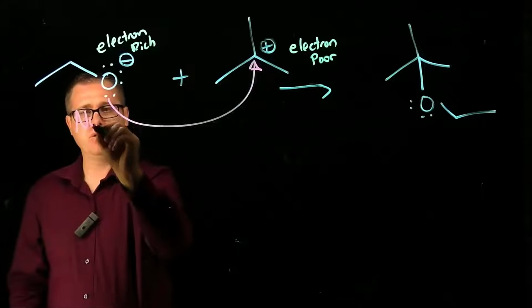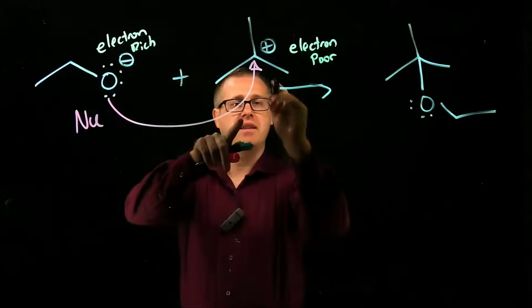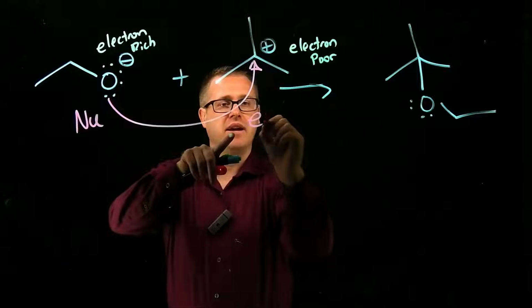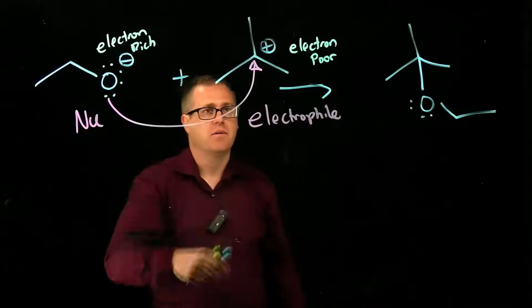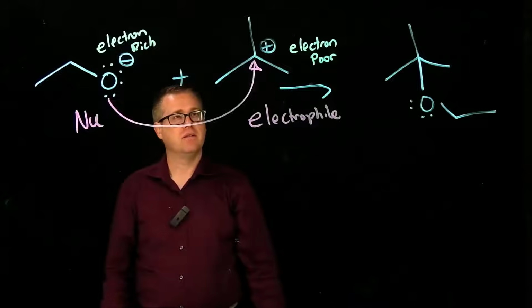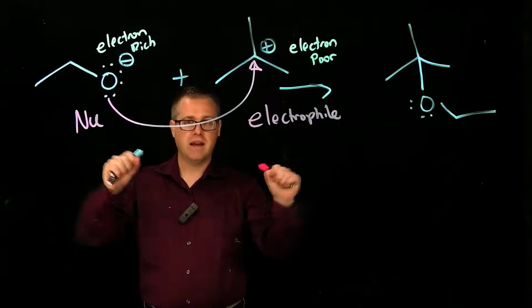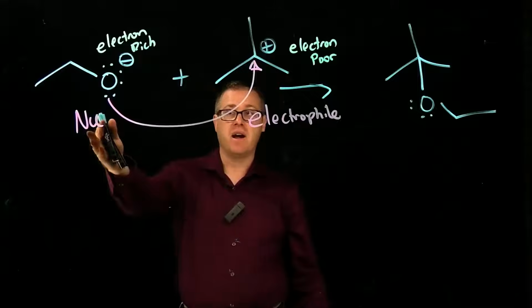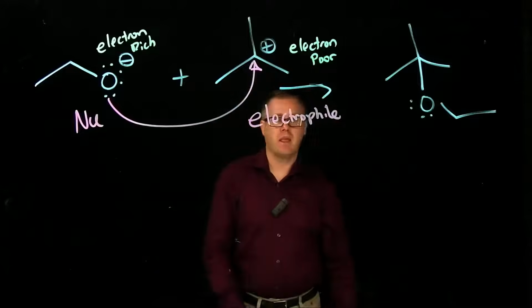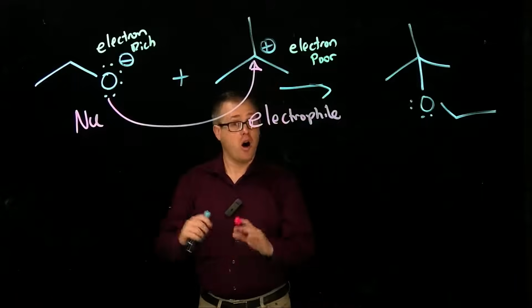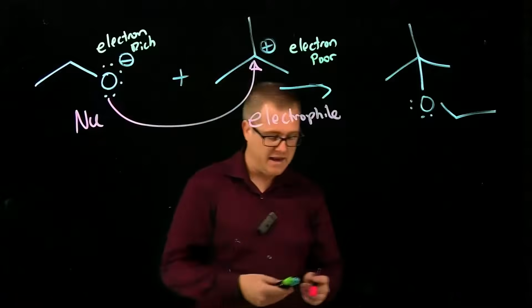This would be a nucleophile, because it's nucleus loving, and then this is an electrophile, electron loving. So nucleophiles and electrophiles react with one another because the nucleophiles are electron rich, electrophiles are electron poor. Now this isn't the case for all reactions, but it is for a lot of reactions in organic chemistry.